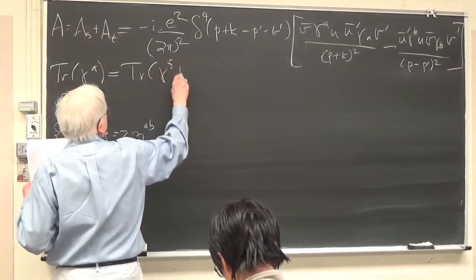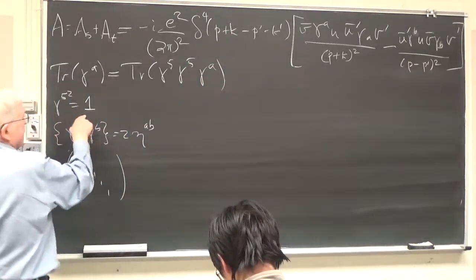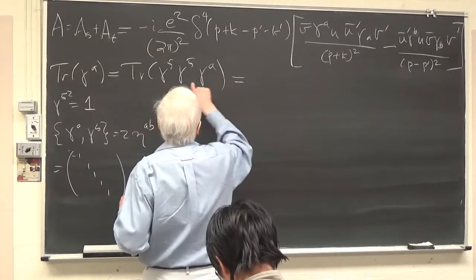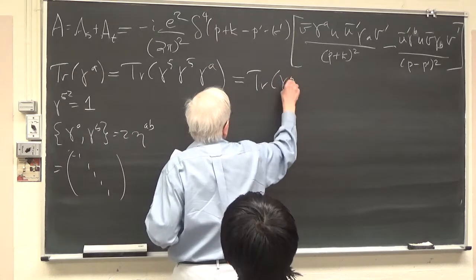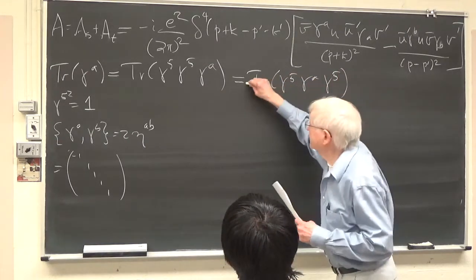So let us put gamma 5 squared here. We haven't made any change because gamma 5 squared is 1. But now gamma 5 and gamma A anti-commute, so this is gamma 5, gamma A, gamma 5, with a minus sign.